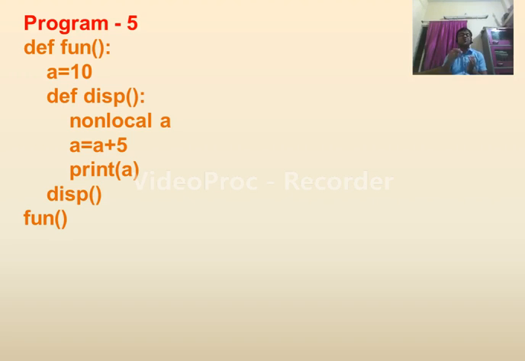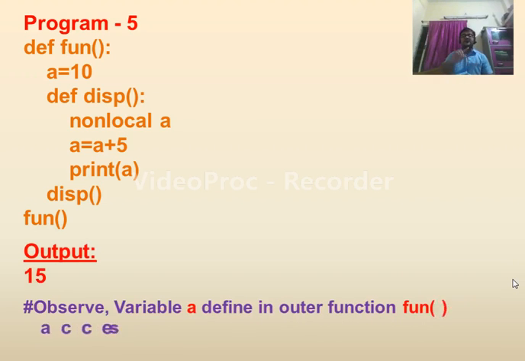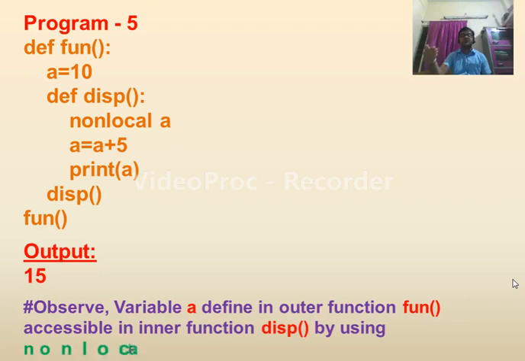Due to nonlocal, it provides access to the outer block's variable. Remember, in this way you resolve this problem. The output will be 15 once again. So we observe that variable a defined in outer function fun is accessible in inner function disp by using the nonlocal keyword.